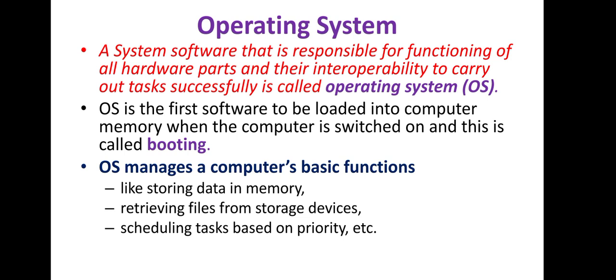We also perform certain tasks with respect to time, like cleaning of the memory or checking the operations, and deciding which operation has to be performed first, second, third. So many operations, scheduled tasks, are all monitored, controlled, or run with the help of the operating system.